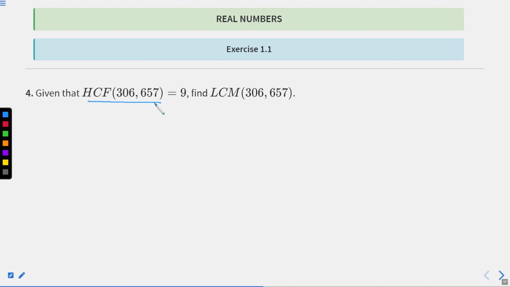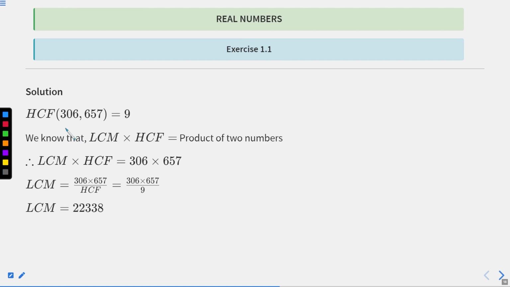What we know is that the product of two numbers is equal to the HCF of the two numbers into the LCM of the two numbers. If we use this result, then we can easily find the LCM of these two numbers. So here the HCF of 306, 657 is given as 9.